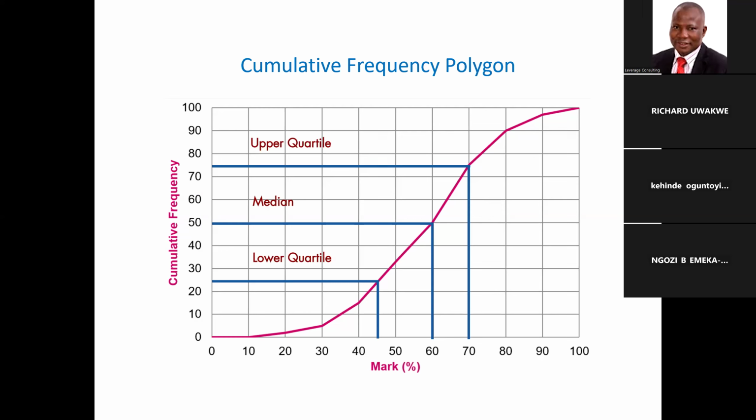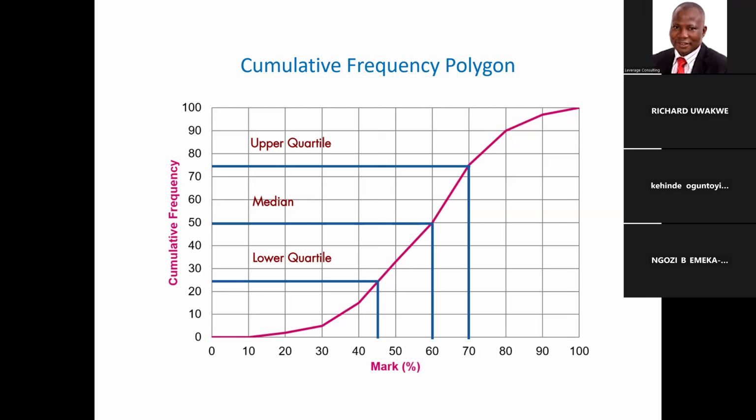From here, you can actually know the position 75, the score that corresponds with position 75, because this one is talking about marks. You score in class on a scale of 0 to 100. The frequency, the number of people, has been expressed as a percentage also.